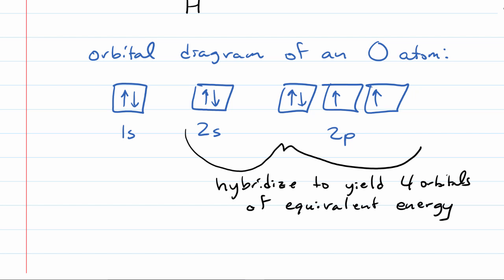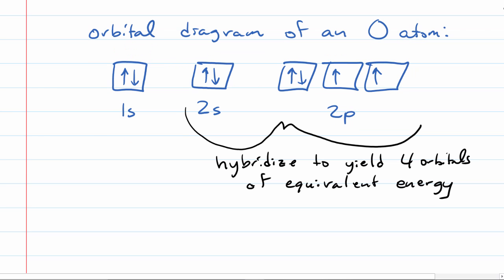And so what happens then is that these will wind up forming 4 orbitals, all of which have the same shape, and those orbitals have a shape something like this. It's kind of like a small lobe and then one large lobe. So again, this is what an orbital looks like when they hybridize. It's kind of large, like it has a single piece like this, but it still has 2 lobes, which are like the p orbitals. So we actually wind up with 4 orbitals that have an equivalent shape.